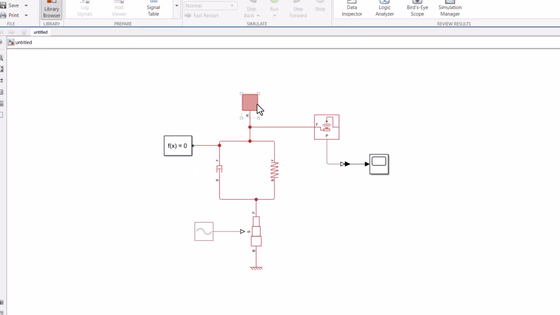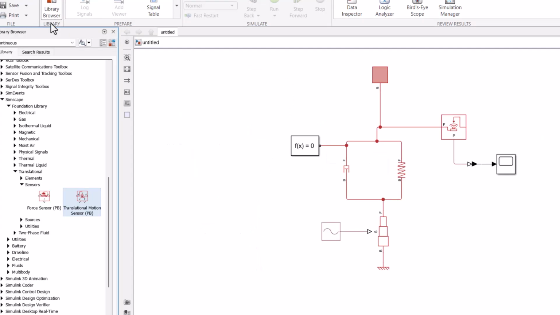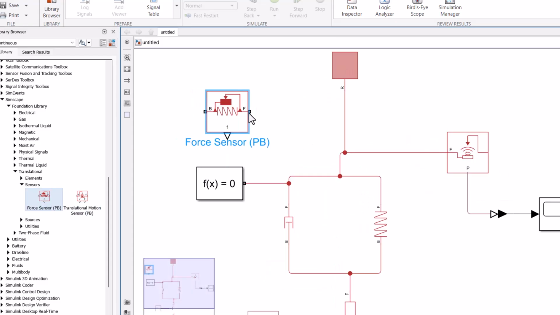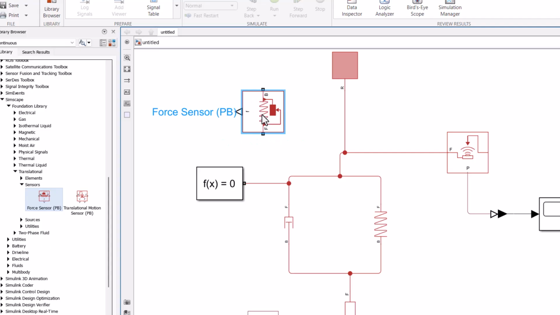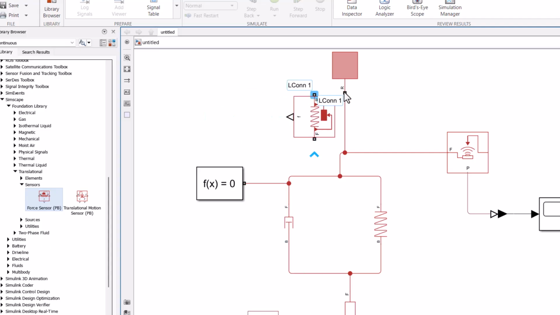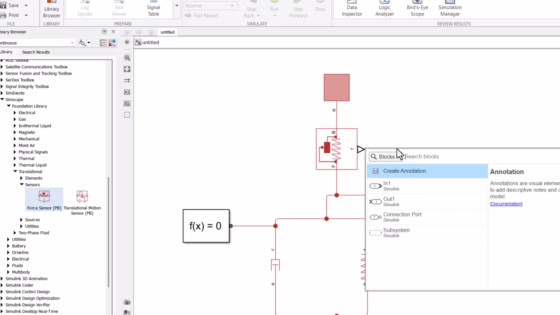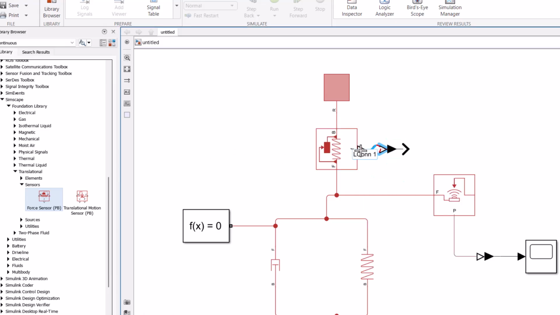And if I do the same thing using Simscape, I add a force sensor. Okay. I connected it to this signal and I press Ctrl I, P as Simulink converter and a scope block.